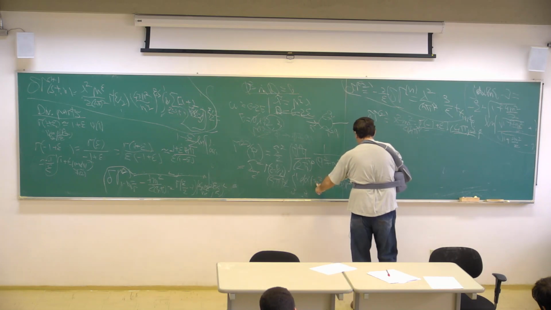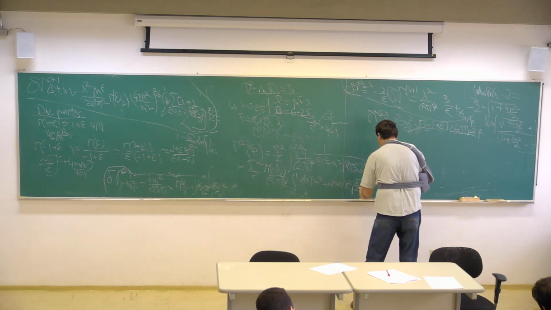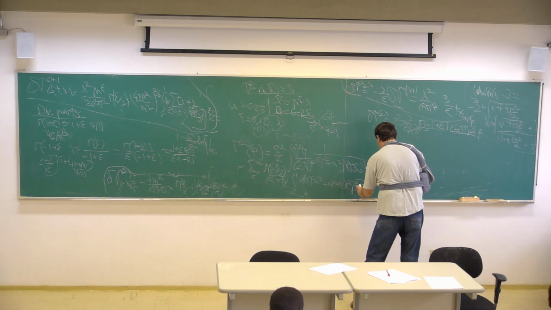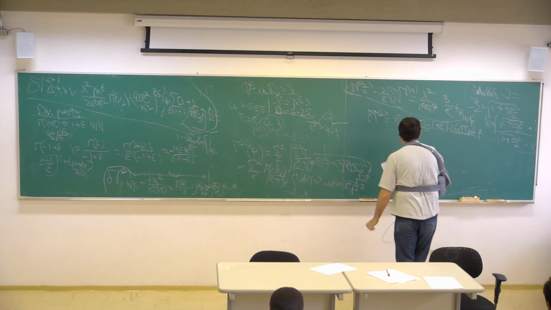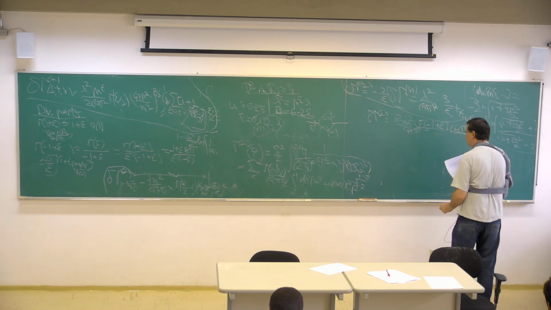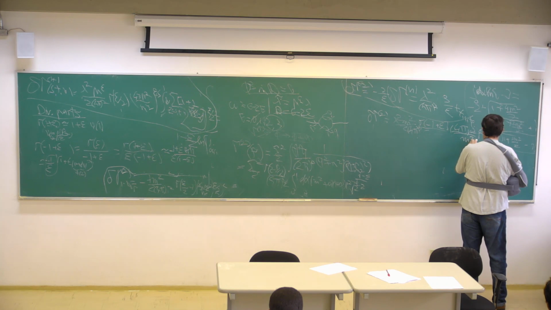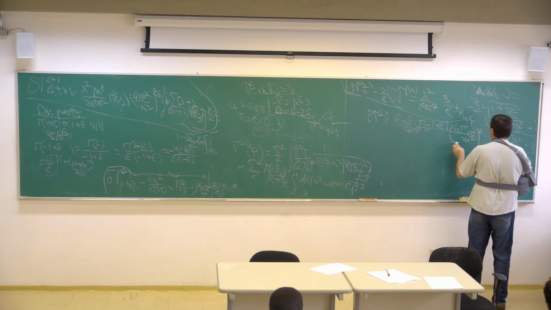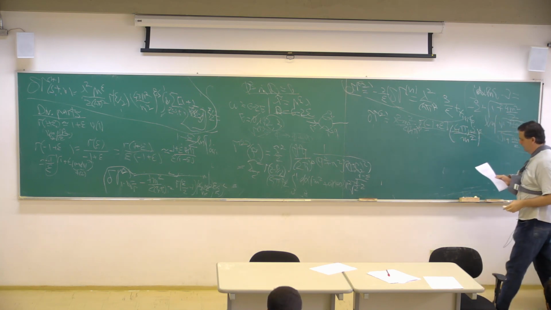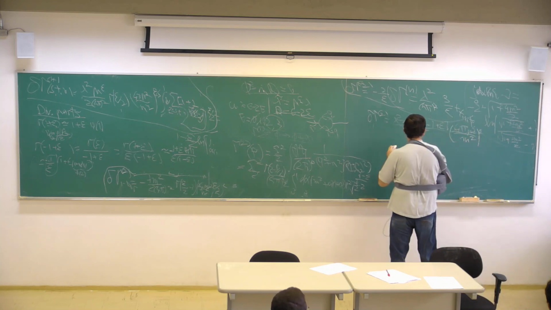And I had also a factor of m squared when I took it out of this. The result was 3 minus 2, 1, but then minus epsilon. So I have m squared as well. So you see the same factor of 4 pi mu squared over m squared appears as well.